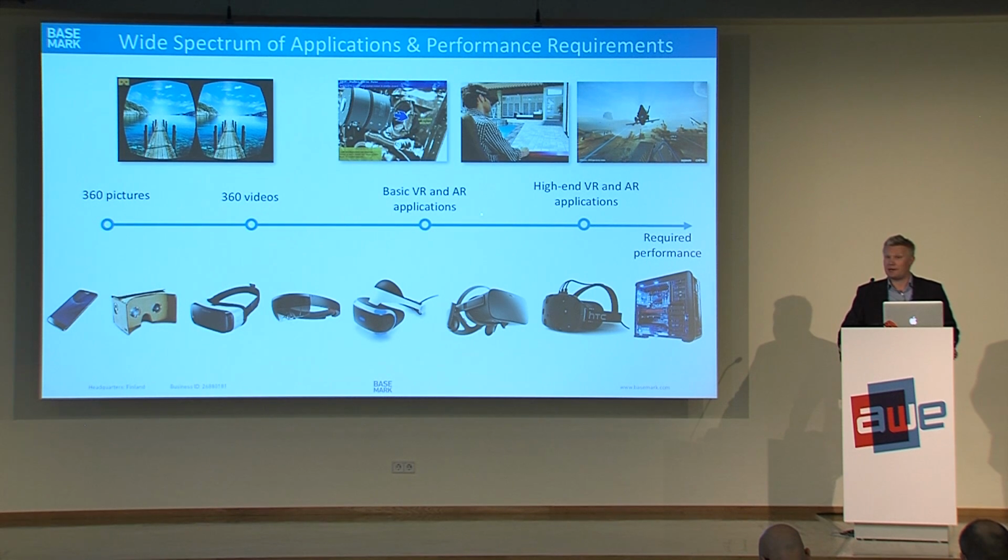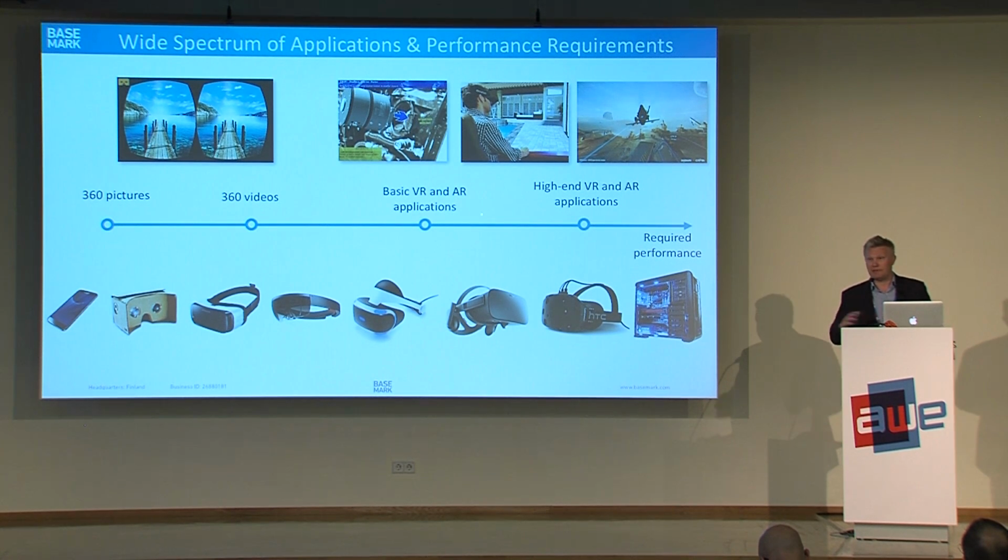And on the high end, sky's the limit, as we start to see HMDs with extremely wide FOV and a huge amount of pixels, and you need to render for left and right eye, say 90 or sometimes even 120 frames a second, calculating all of that in real time. That's a heck of a lot of pixels and performance required.